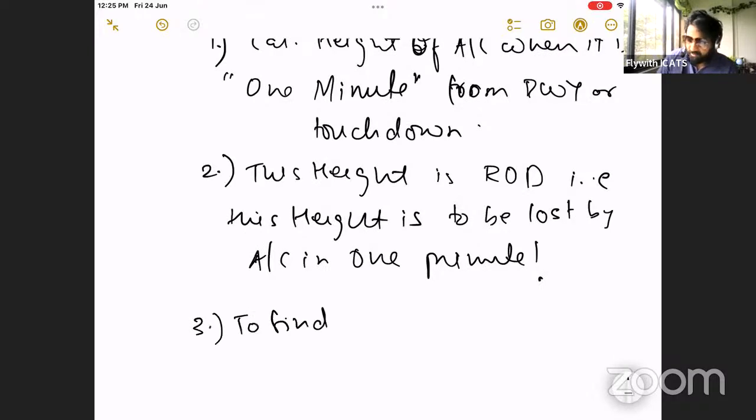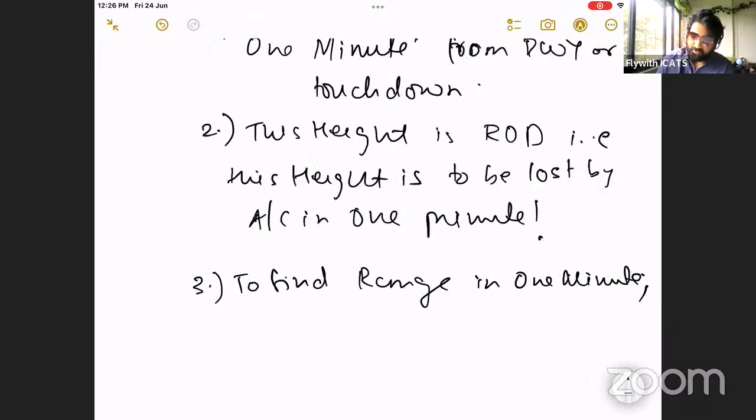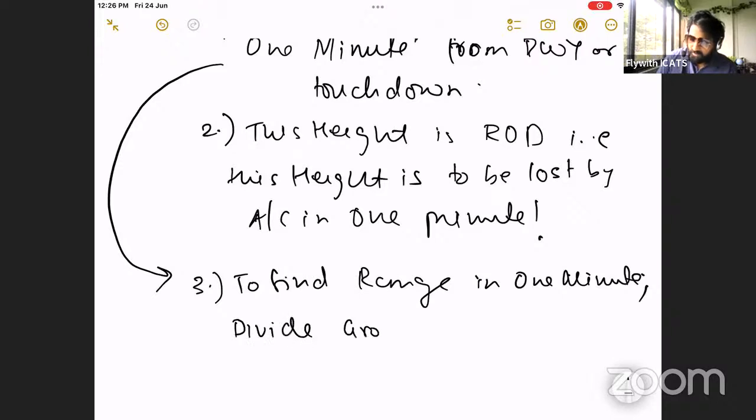To find range in 1 minute, how to do it? This point, number 1. To find range in 1 minute, divide ground speed by 60.